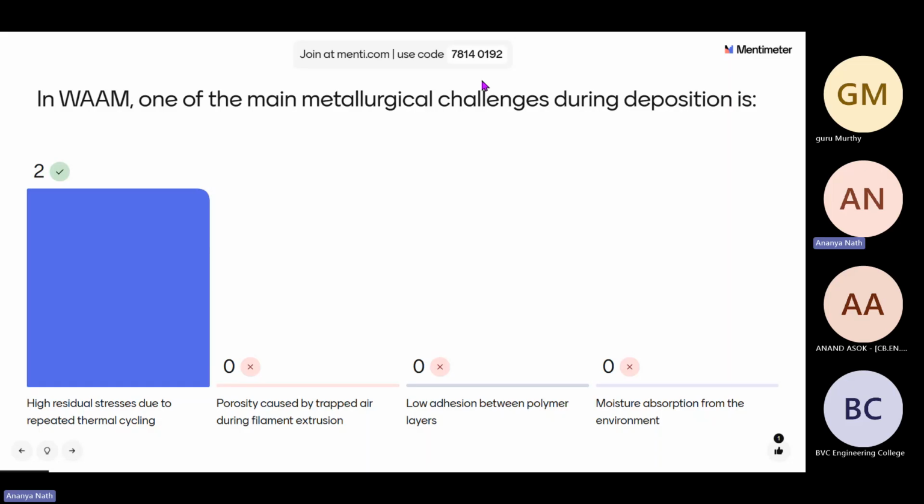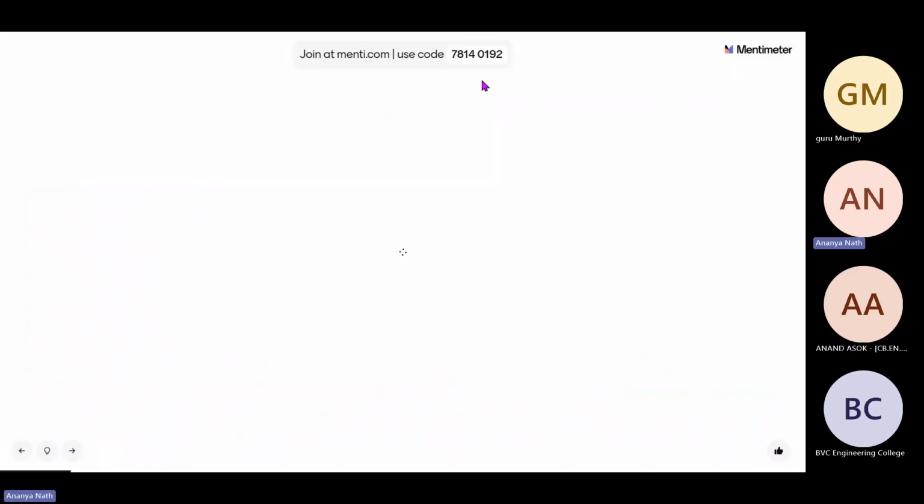It's because there are repetitive thermal heating and cooling cycles going on, so high residual stress will be there. And this problem is not only present in WAAM, but in any kind of metal AM process which involves a laser, arc, or electron beam. So now we can see the result.